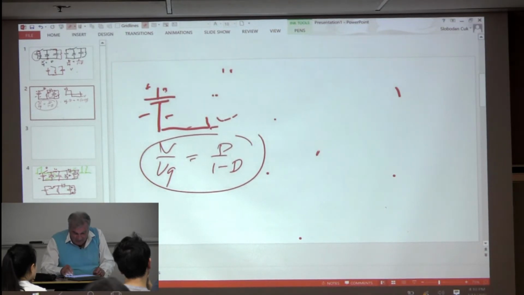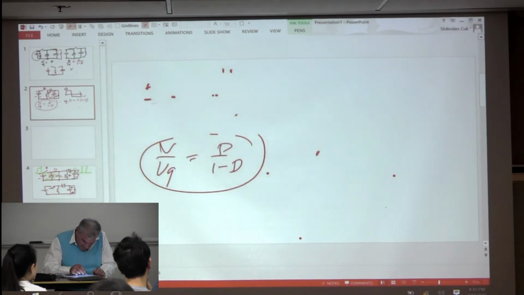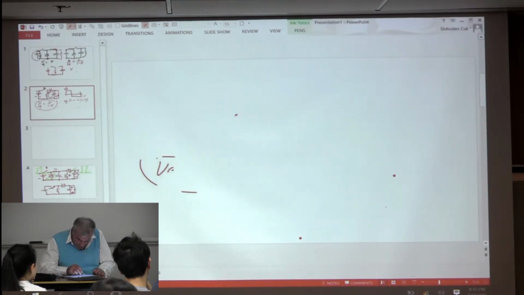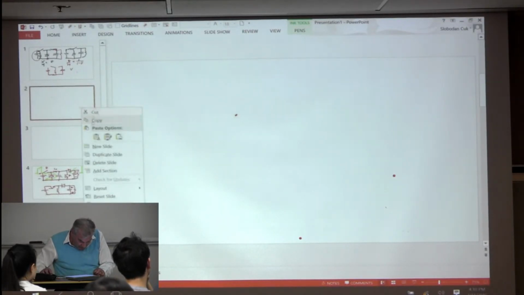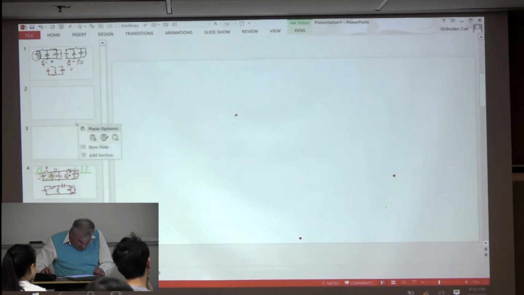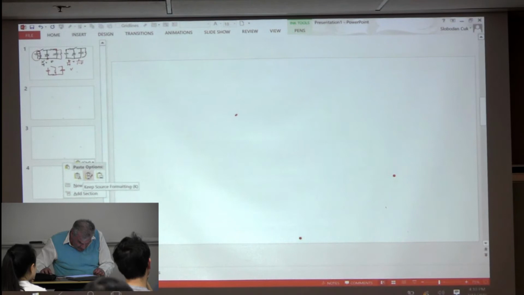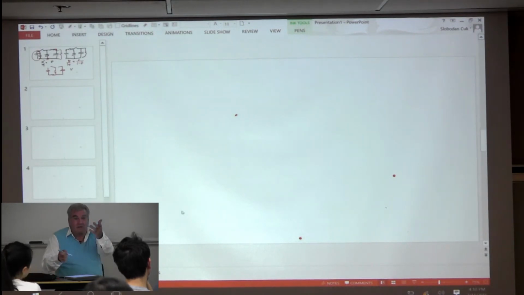Beats a chalk on a blackboard, right? So let's just do that, but before that I want to basically copy a couple of these blank ones. This is blank, so I copied it, paste, copy, paste, give myself more slides.